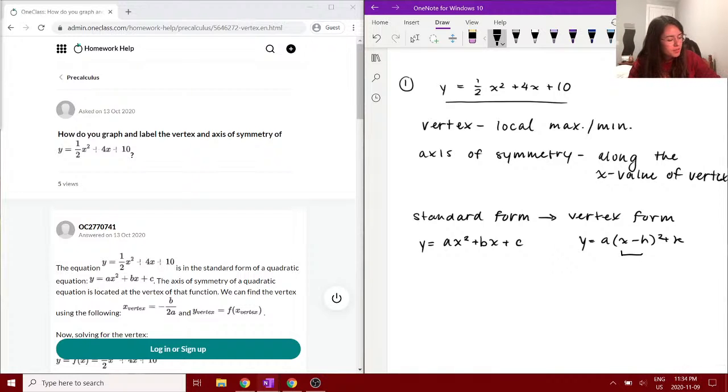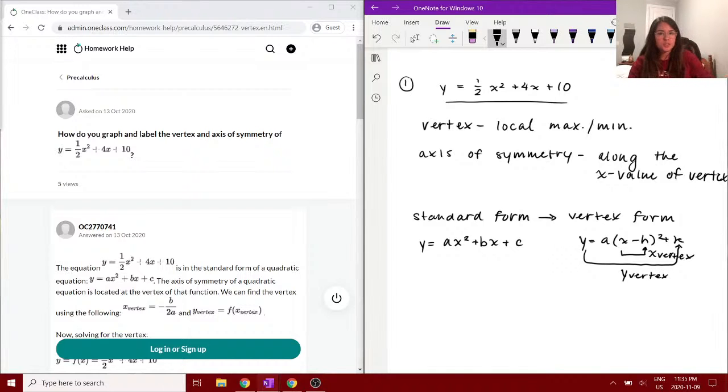And how you would read this typically, I like to read it like this. The h here represents the x value of the vertex, and this k value, sorry, is representing the y value of the vertex.